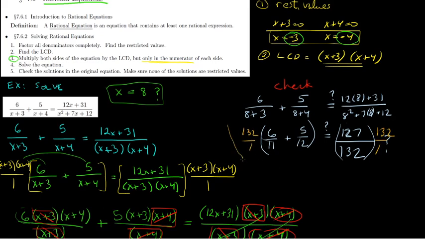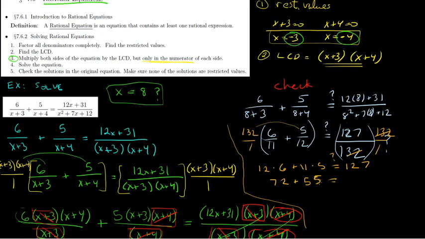On the left, we get 132 divided by 11 is 12, so 12 times 6 plus 132 divided by 12 is 11, so that's 11 times 5. And on the right, when you cancel the 132s, this should equal 127. Does it? 12 times 6 is 72, 11 times 5 is 55.